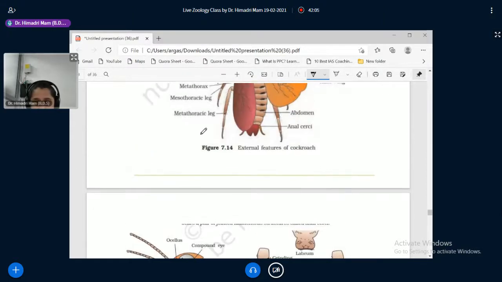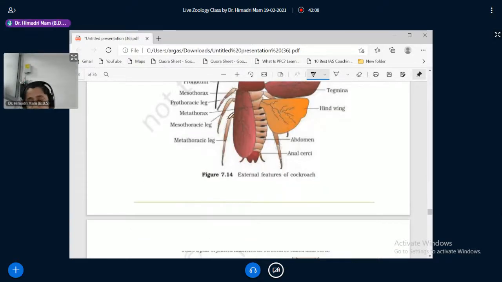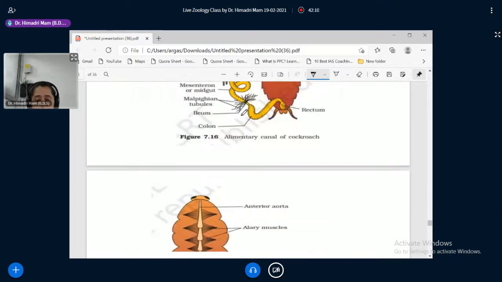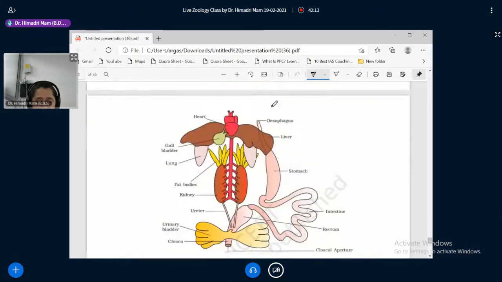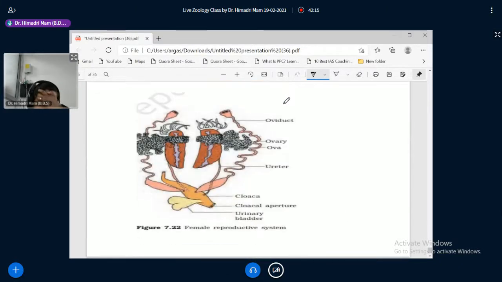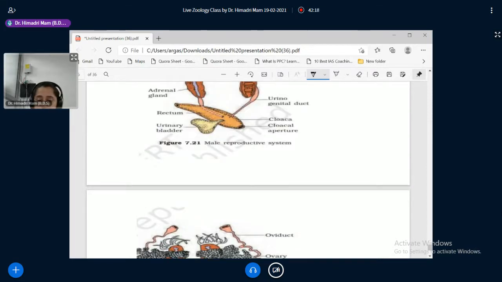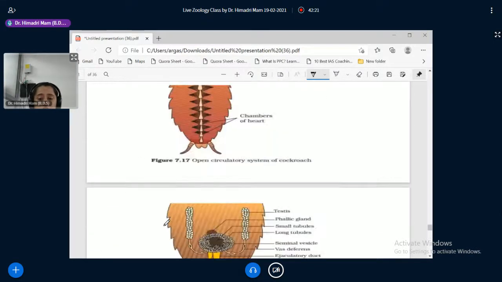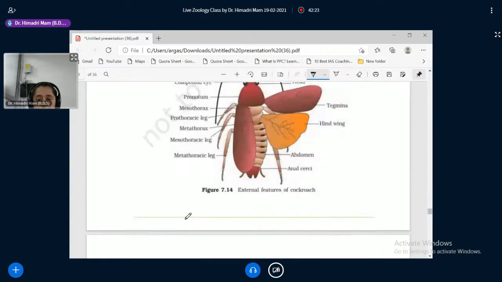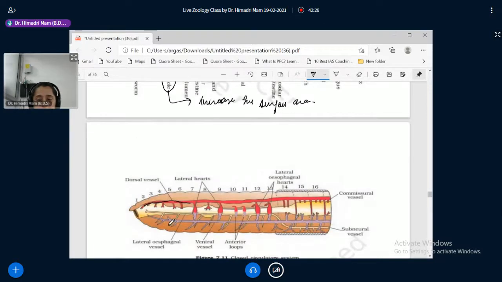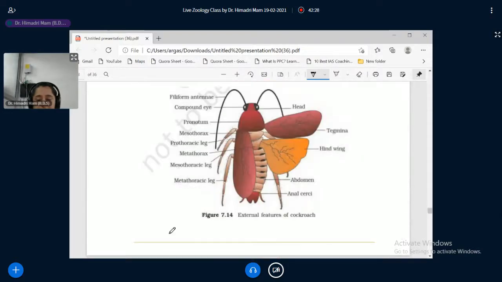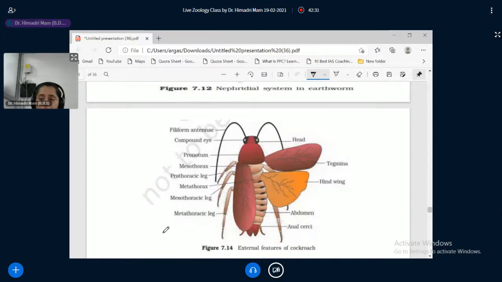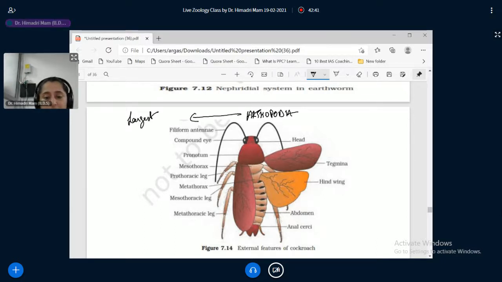Now we'll talk about the cockroach. Before I say about the cockroach, we have some information about the cockroach as well, right? Okay, cockroach comes under which phylum? Yes. Cockroach, that is Arthropoda. Arthropoda is the largest phylum.